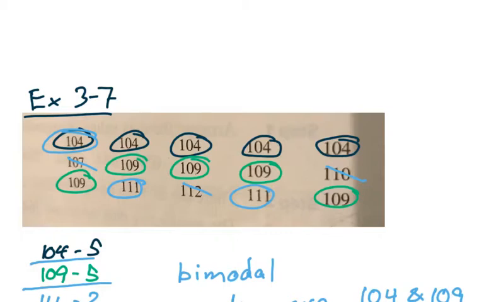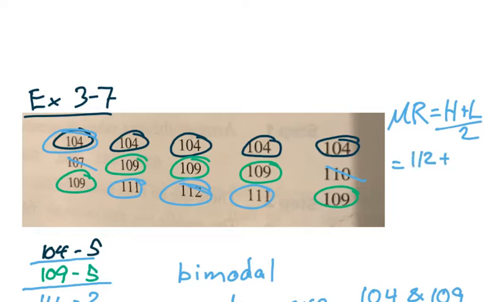So we can say it's our lowest. And then there's the highest value. So the mid-range, MR, would be high plus low, all divided by 2. So that would be 112 plus 104, all divided by 2. Gives us 216 over 2, also known as 108. So just a quick example of that.